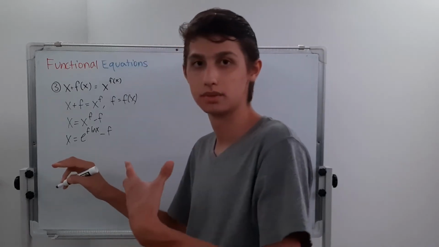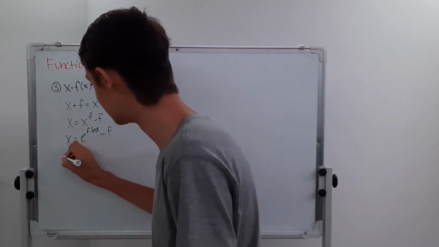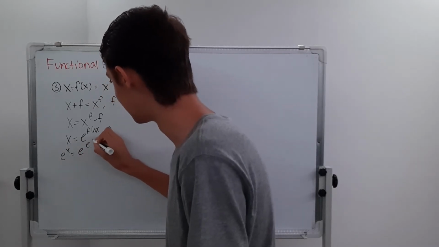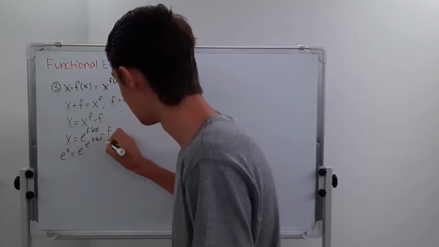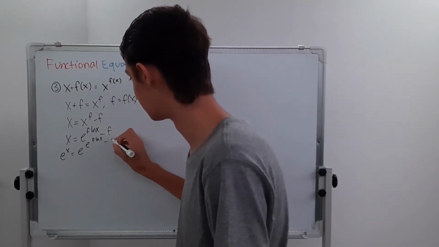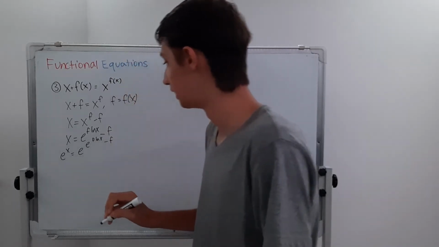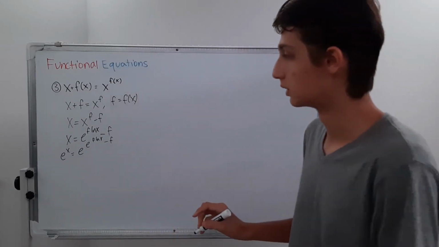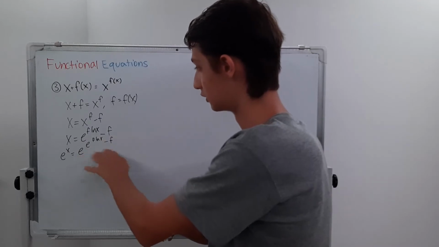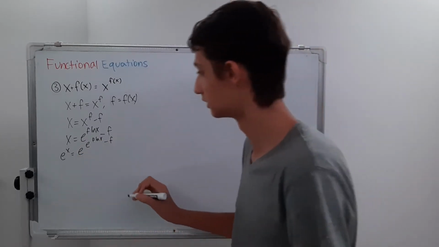And if we raise both sides to the e power, we can say that e to the x is equal to e to the f ln x minus f. Well, what good does this do us? Well, now we can turn this subtraction into a kind of division. So I'll show you what I mean.